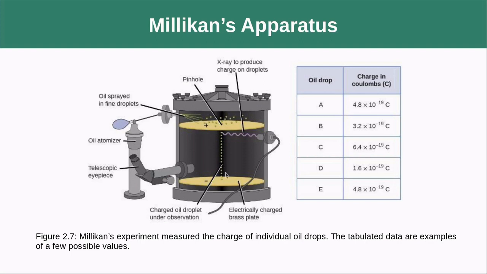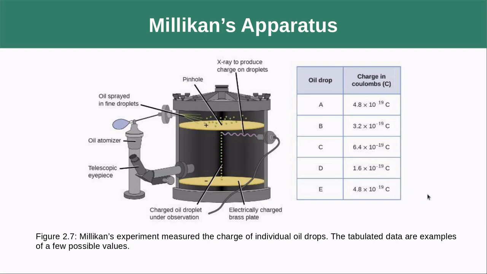He knew the distance between the droplet and the plates, and he was able to use something called Coulomb's law to figure out the charge on each one of the droplets. When he did that, he was getting values that look something like this in this table.